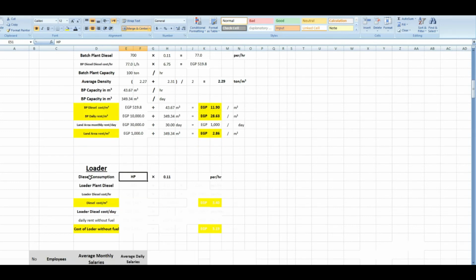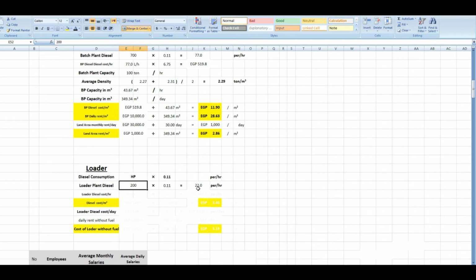Diesel consumption of the loader equal horsepower of the loader multiply factor 0.11. It gives you the consumption of diesel for the loader per hour. In this case, we are going to assume that motor horsepower of loader is 200 horsepower multiplied 0.11.